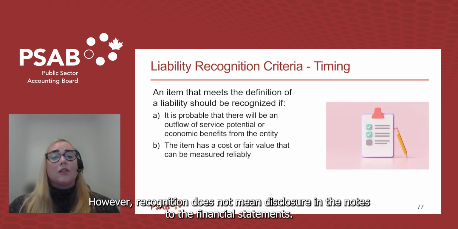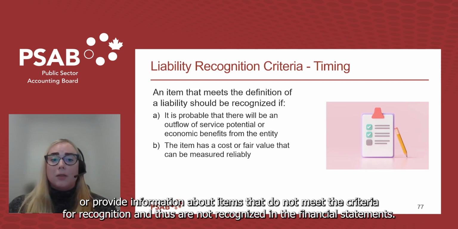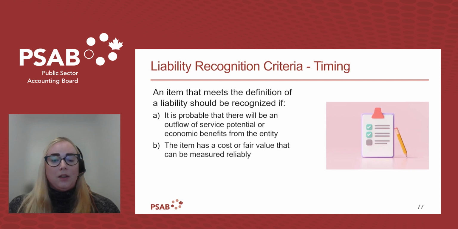However, recognition does not mean disclosure in the notes to the financial statements. Notes either provide further details about items recognized in the financial statements or provide information about items that do not meet the criteria for recognition and thus are not recognized in the financial statements.